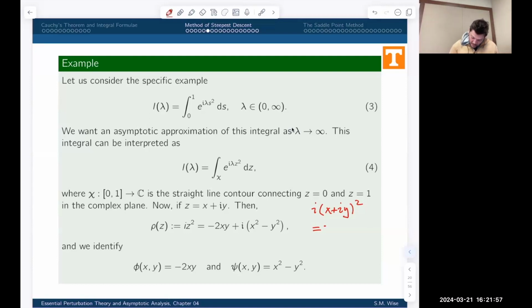So I get i x squared plus 2xyi plus i squared y squared, which is just going to be i times x squared minus y squared, because this is a minus 1.